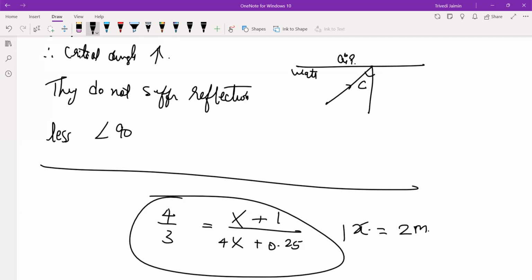Meters. Sir, but why did we divide like this? Can you explain? Like x plus 1 and then taking x plus 0.25. Now see here. What is the question here? It says it is moved by this distance. So how much did it move? The actual distance was 25 centimeters, they wrote, right? Yeah, 25 centimeters.